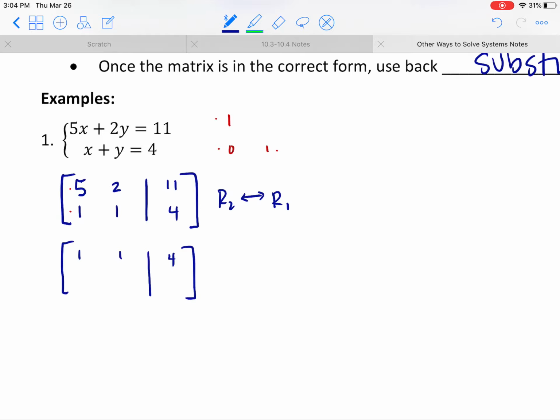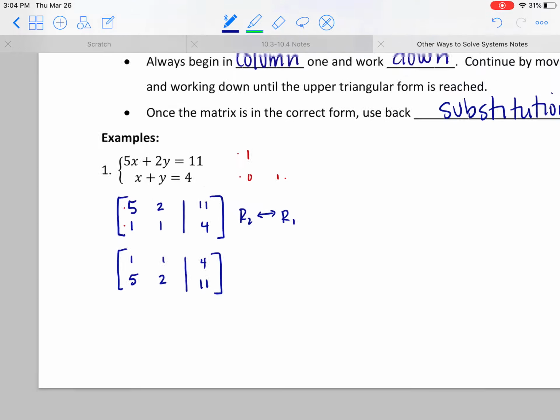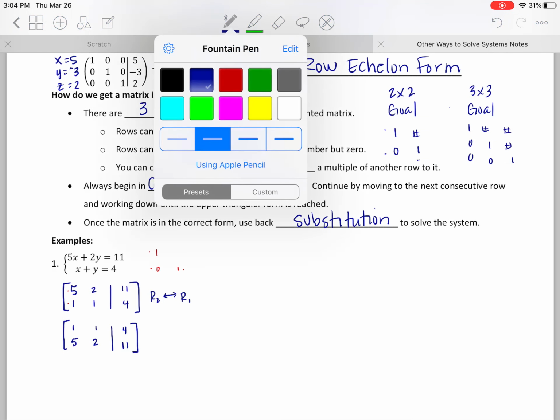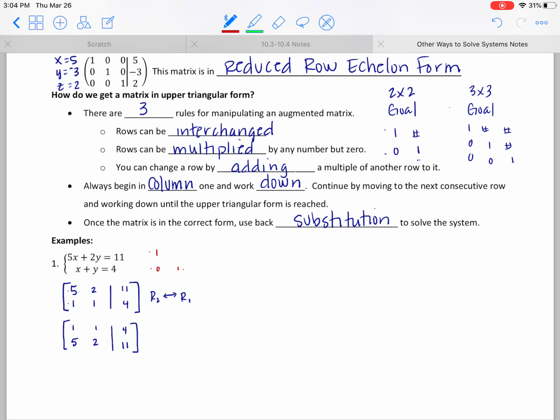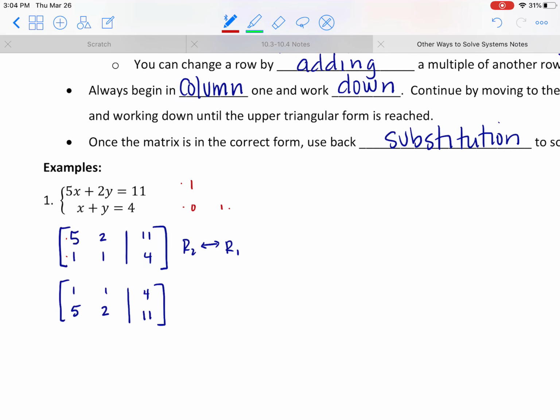So I'm just swapping row 1 and row 2. So 1 and 4 go here. And 5 and 2 and 11 go here. Okay, so this first rule that we wrote down where rows can be interchanged, you're really only going to use that in the first step. After the first step, you will probably never use that rule again, okay?